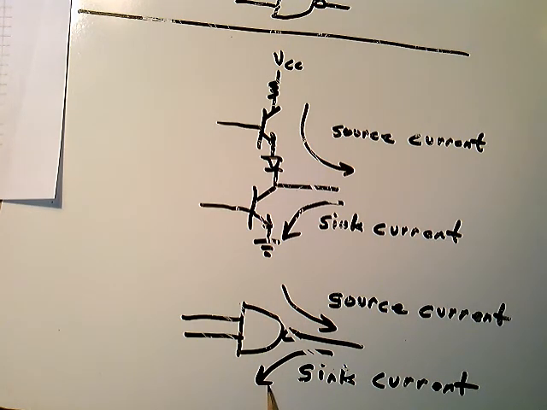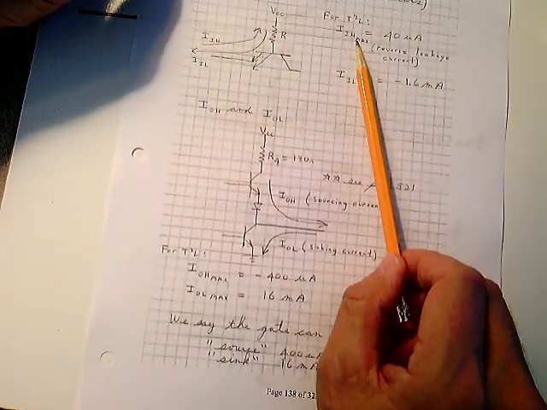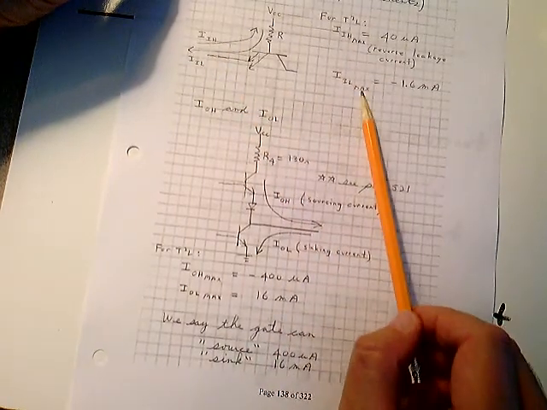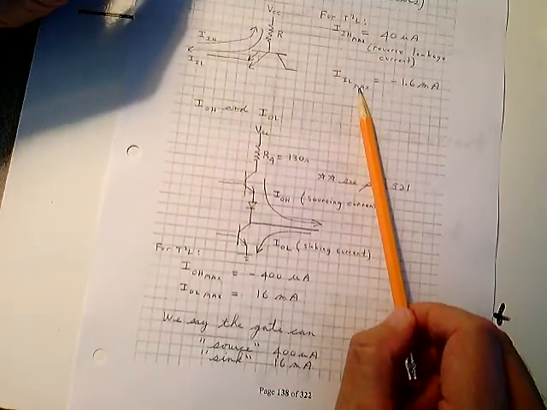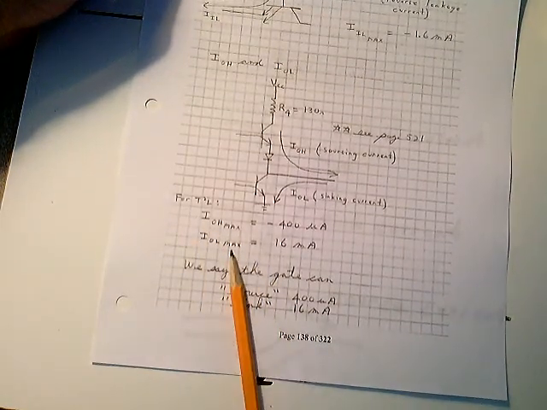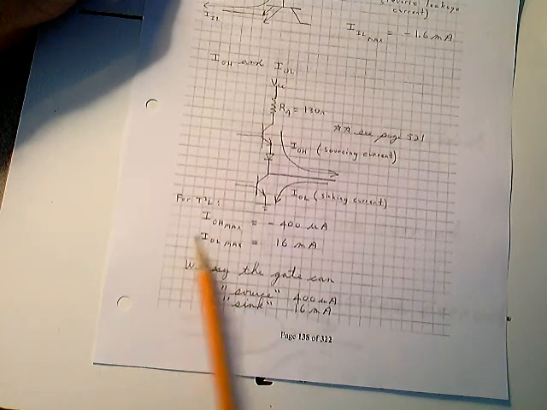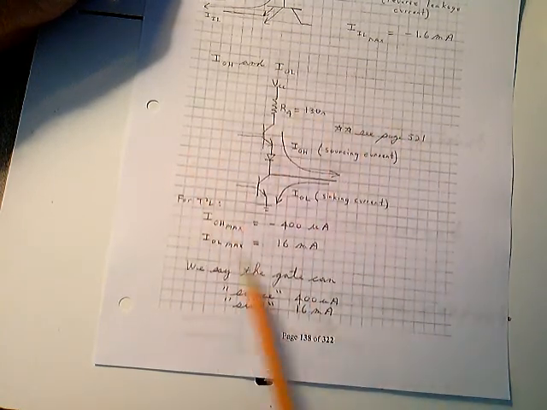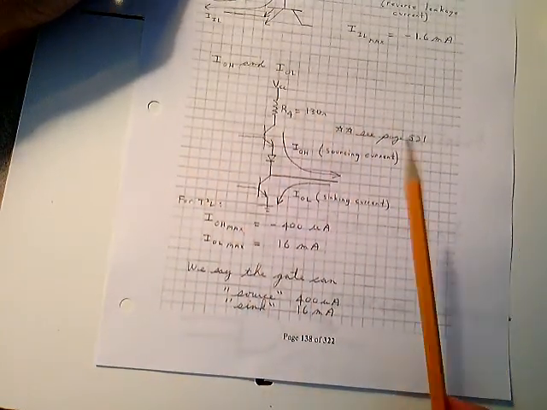It's a current coming down here. Now we're going to put all this together. We're going to take this maximum value of high-level input current and this maximum value of low-level input current and this maximum value of high-level output current and this maximum value of low-level output current, and we're going to put that all together to determine what we call a fan-out.